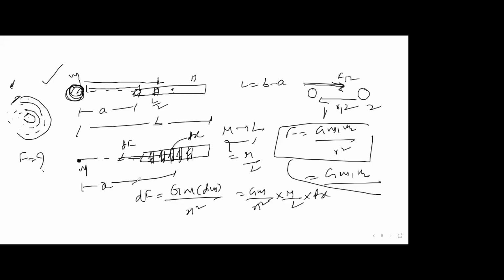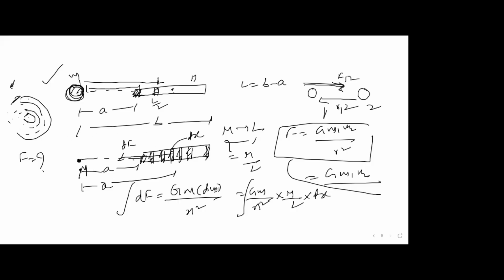This is the df, and you have to integrate. If this element is at distance a, the separation is a. If the element I have taken, dx, is at the extreme end, then x becomes equal to b.